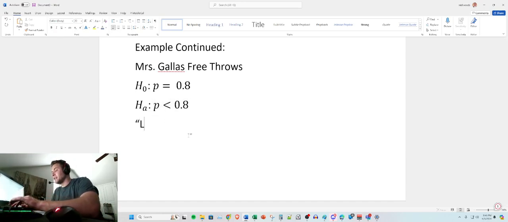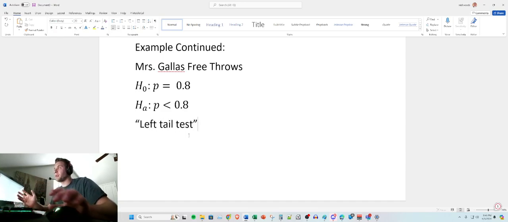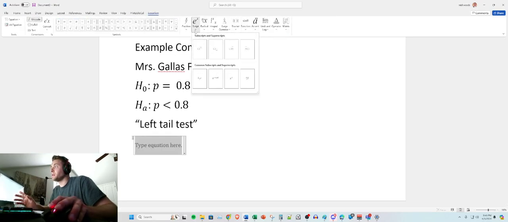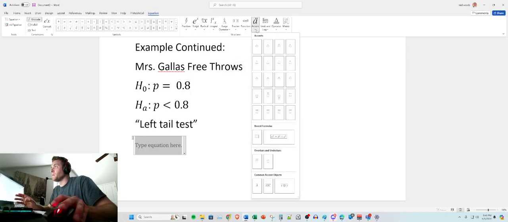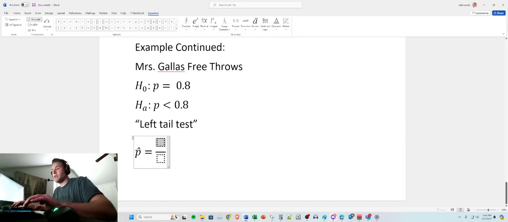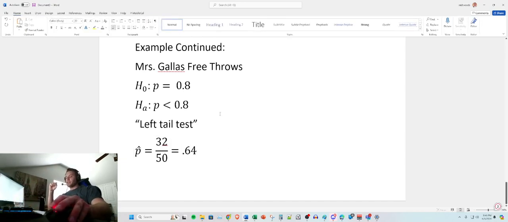This is a left tail test. We already know the statistic that we used for this. We got our p hat value. So we have p hat equals, and we saw that she made 32 out of the 50 shots, which ended up being 0.64. Okay, so that's what we saw.